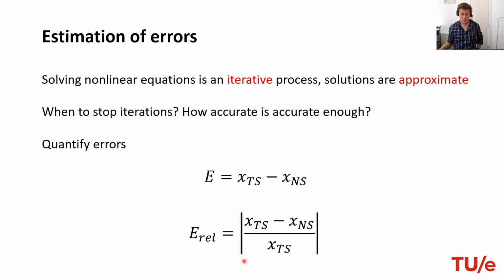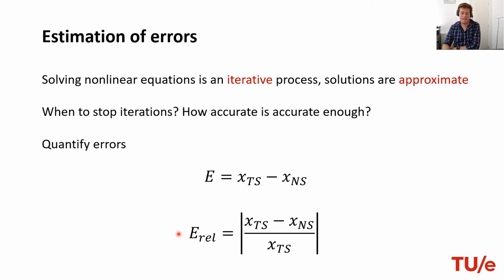Here we use absolute value signs to make this always positive. But the relative error is normalized by either the true solution or the numerical solution, and this allows us to judge how important an error is. Let's say an error of 0.1. Is that a bad error? Well, it is if that is on a solution of order 1, but an error of 0.1 when your true solution is in the order of millions is obviously not that important.